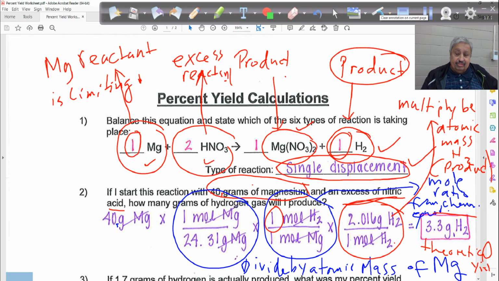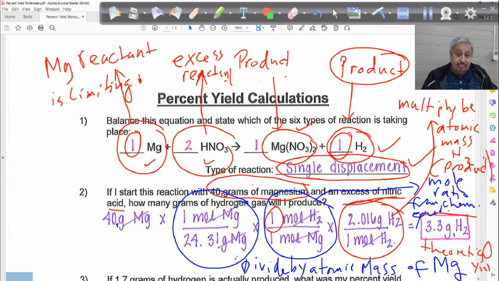So we got the theoretical one. And now the actual yield will always be given to us, based on the actual experiment. This calculation is done before you start the experiment, so you know how much you can expect to get. That tells you how much of the product will be obtained theoretically without the experiment.